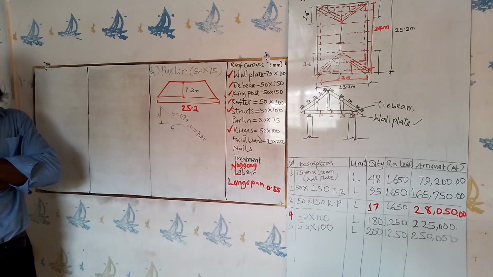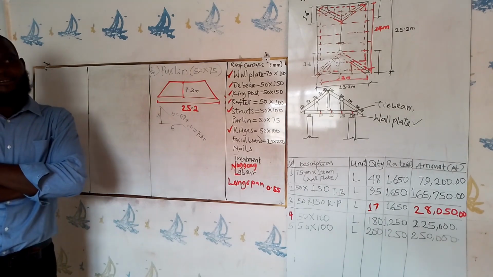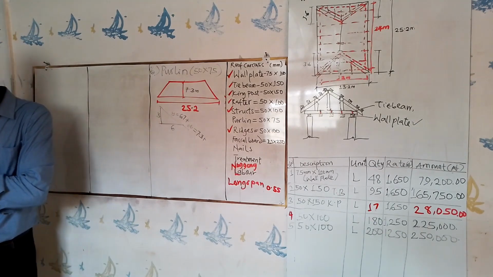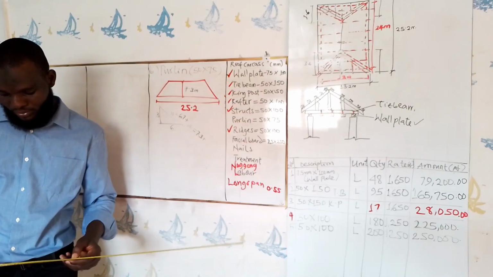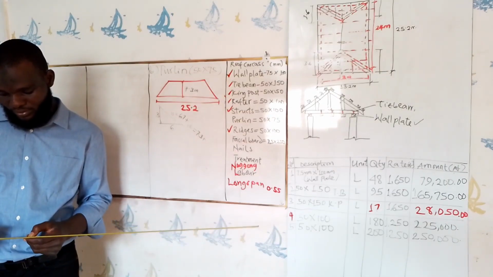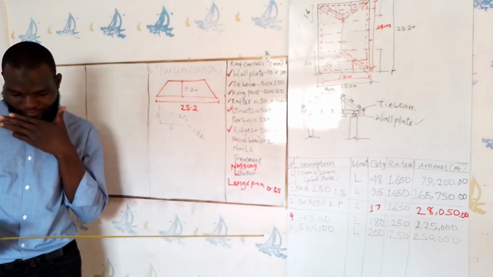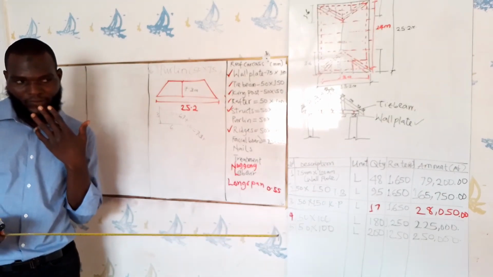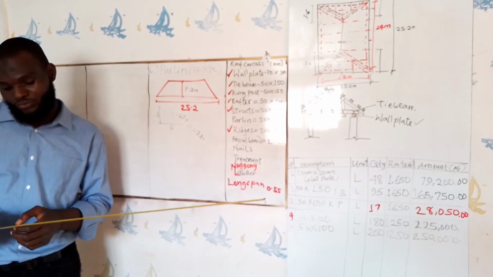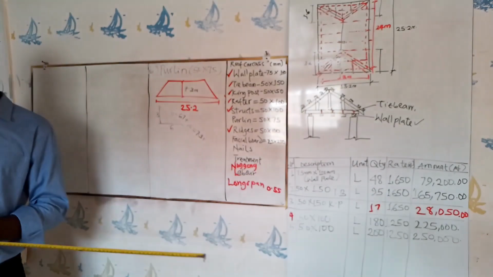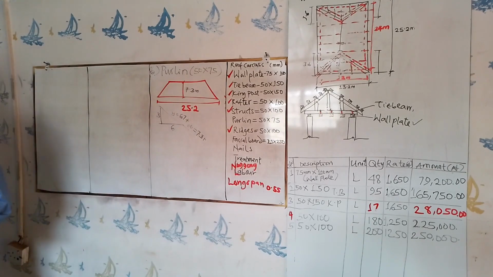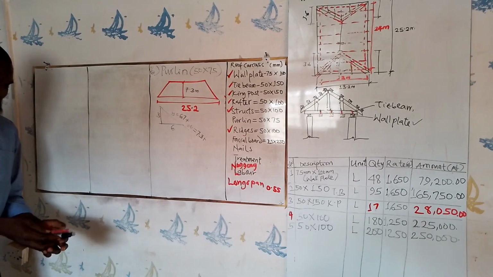Let's consider 0.8. 0.8 would be about how many inches? That's 31.5 inches. Or should we go for 0.76? Let's go for 0.76.